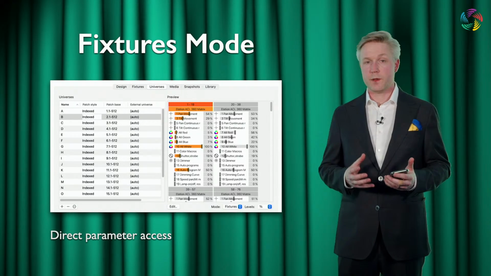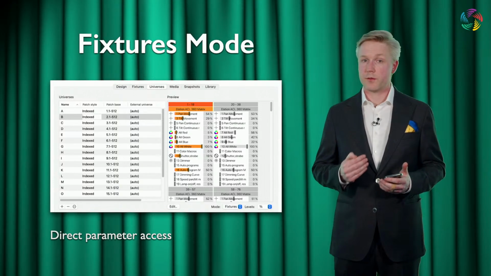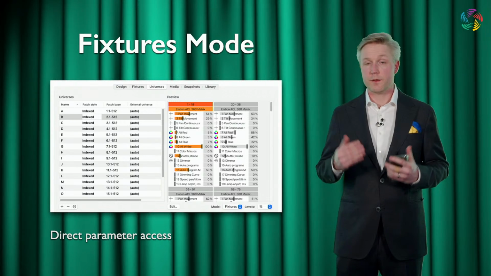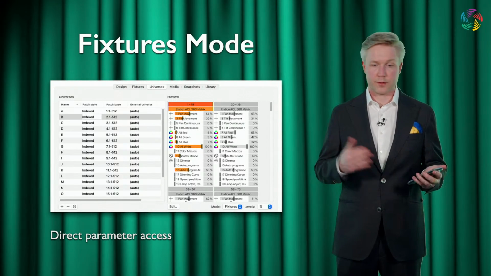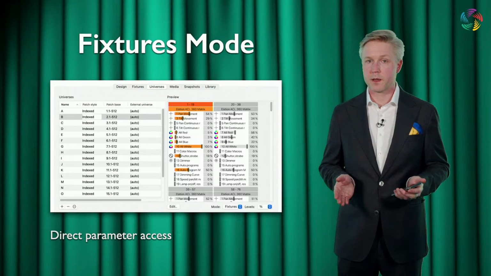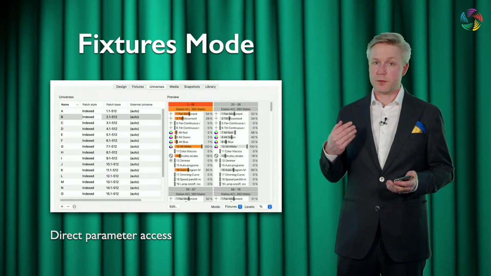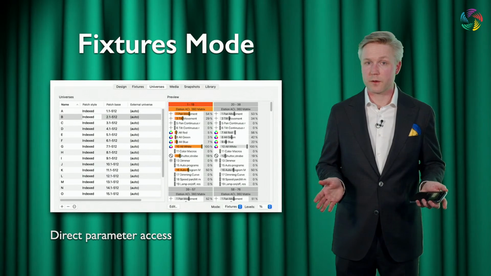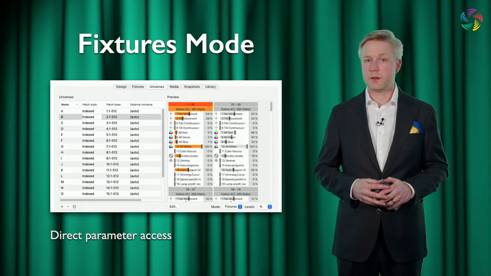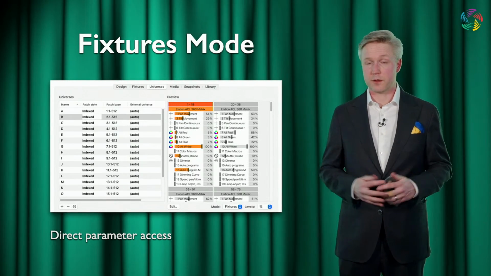In this view, you can see the individual parameters of every fixture, and 16-bit parameters are in a sense combined, so you don't see the coarse and fine channels separately. This means that you see percentage levels and DMX values from 0 to 65,000, which makes it a lot easier to troubleshoot 16-bit fixtures.